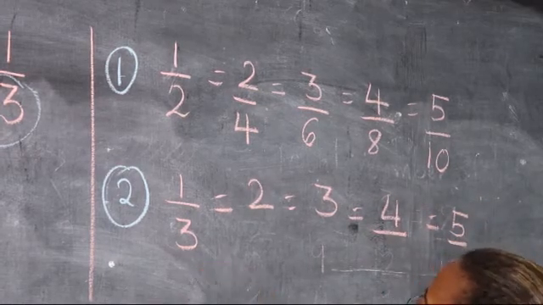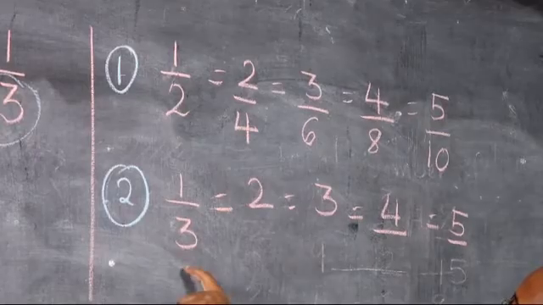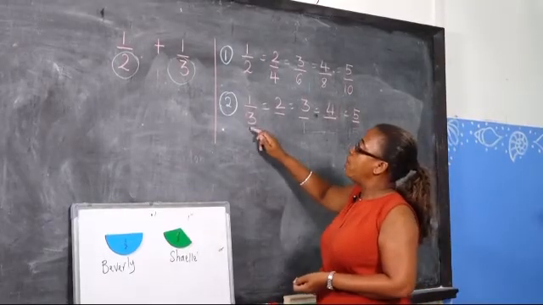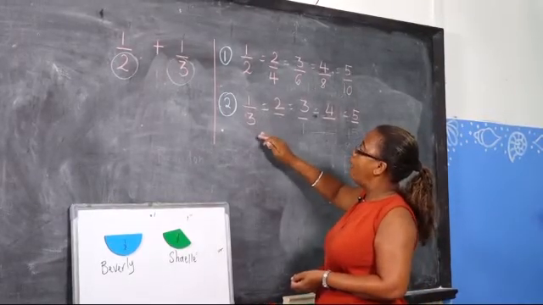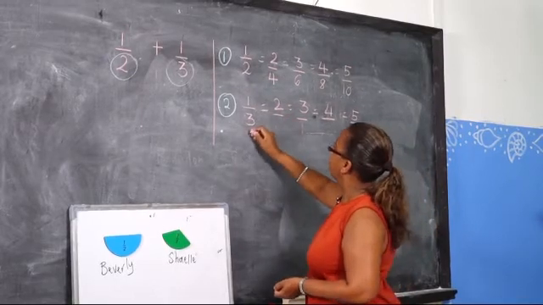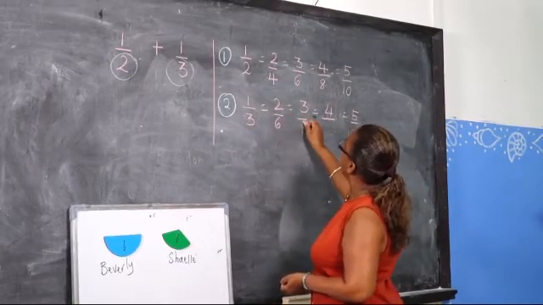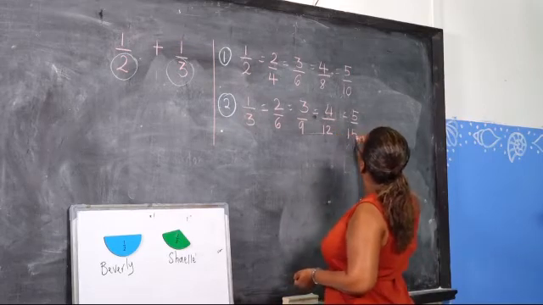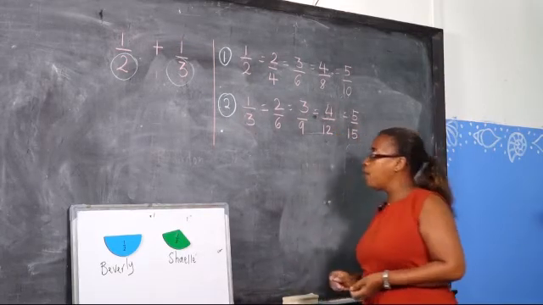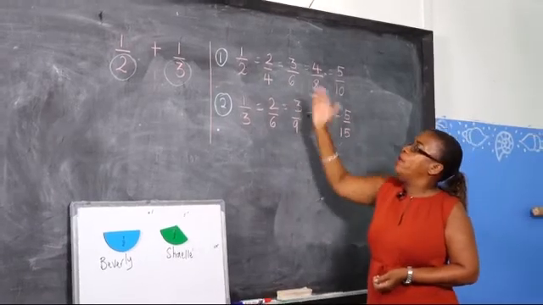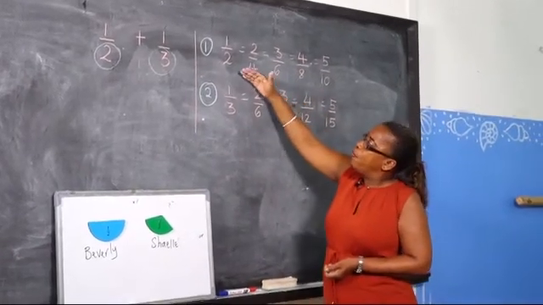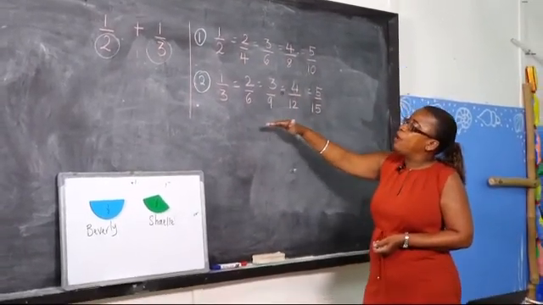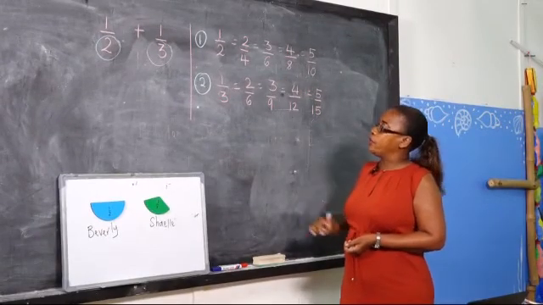And then the denominator is 3. Therefore, we'll count by 3. 3, 6, 9, 12, 15. Now, we have found the equivalent fractions for both fractions.